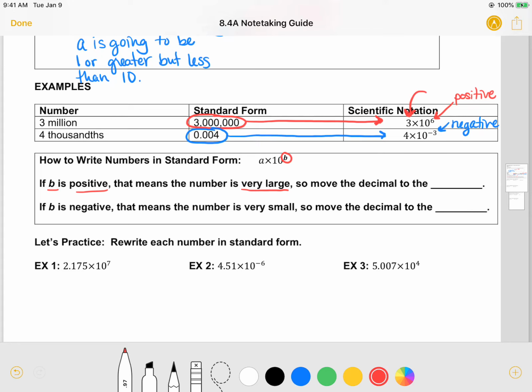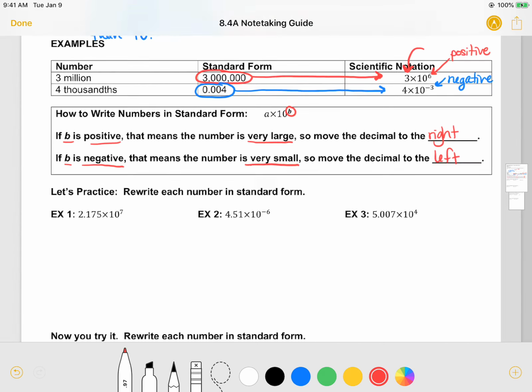So we're going to move our decimal place B times to the right. Now if B is negative, that means we have a very small number. So in order to make that very small number be a number that's greater than or equal to 1, we are going to move our decimal to the left.